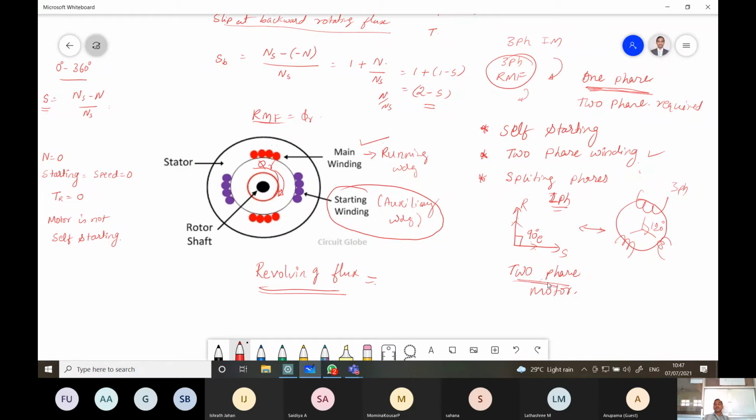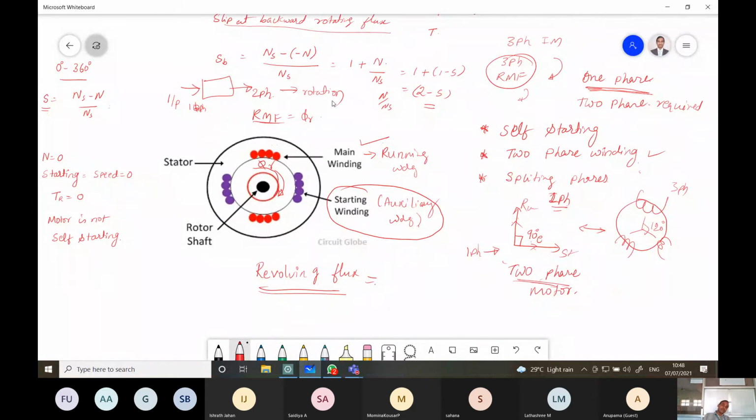For that purpose, a single phase induction motor is converted into a two-phase induction motor by splitting the phases, by connecting two different windings 90° apart: one is the starting winding, another is the running winding. The input we are giving is single phase itself, but it is temporarily converted into two phase for rotation purposes.